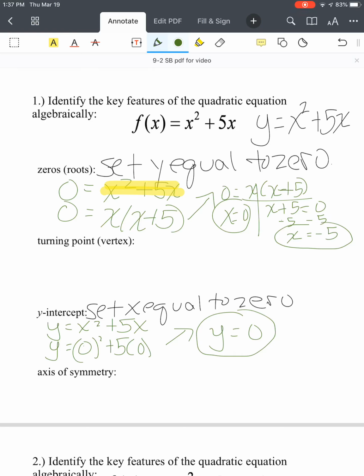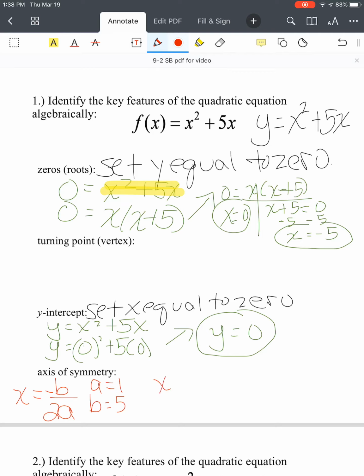Okay. Let's do the axis of symmetry next, and we'll do the vertex at the very end. The formula for the axis of symmetry, I know it's new, it's something you will have to memorize, but for now, don't worry about it. X equals negative b over 2a. If I look at my equation, a is 1, the number in front of the x squared, and b is 5, the number in front of the x.